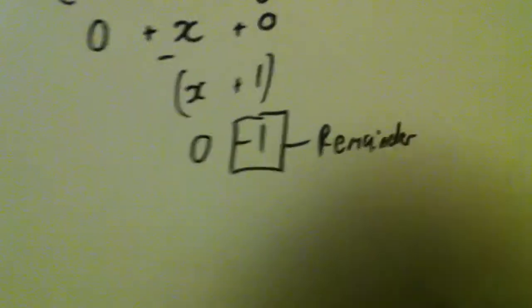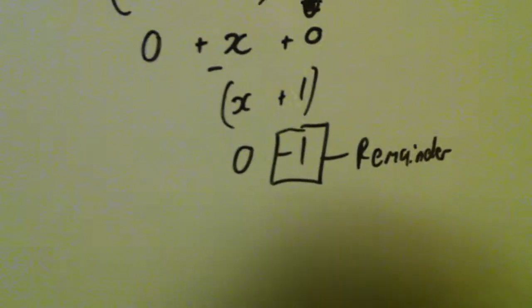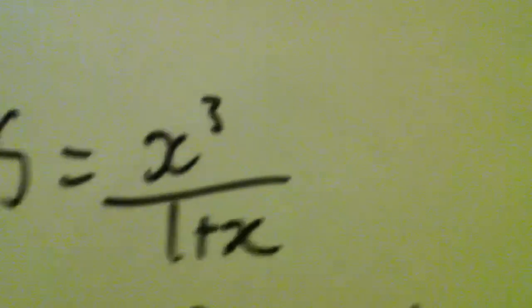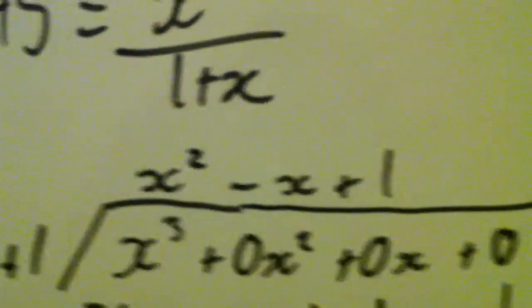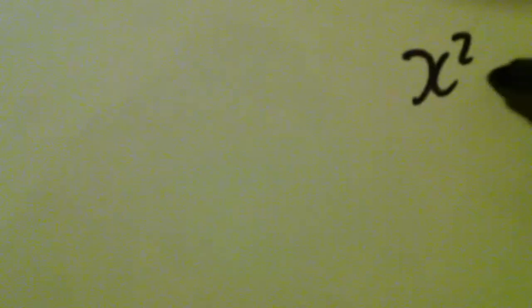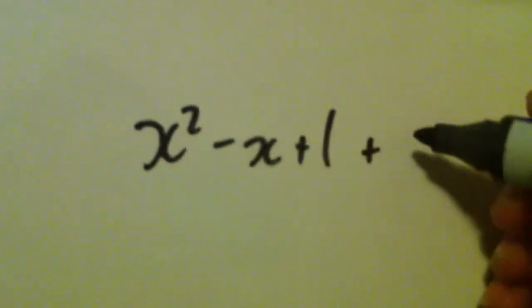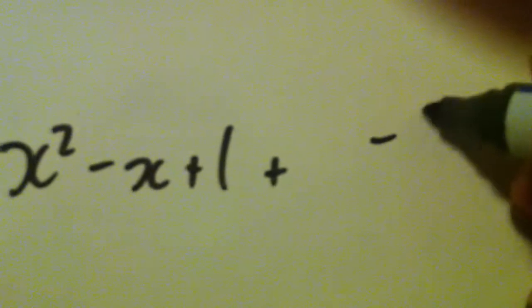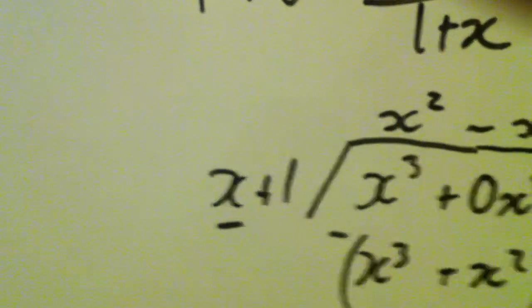Alright, so Kramer, this is proof that mine works. What we do is, the way we can rewrite x cubed over 1 plus x is whatever we had on the top. So x squared minus x plus 1, so I'll write it over here. Plus whatever our remainder is, negative 1, over whatever we're dividing by, x plus 1.